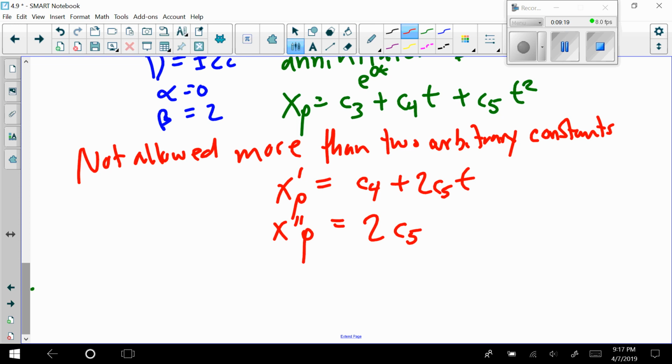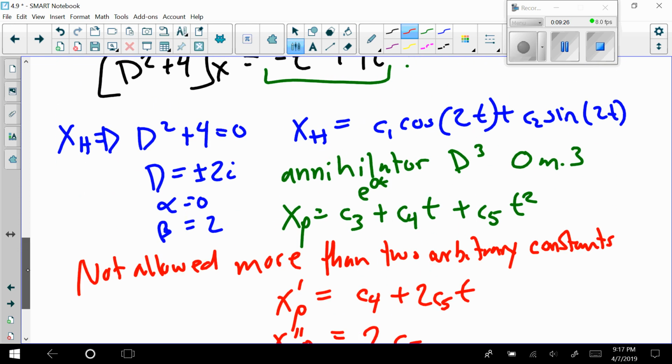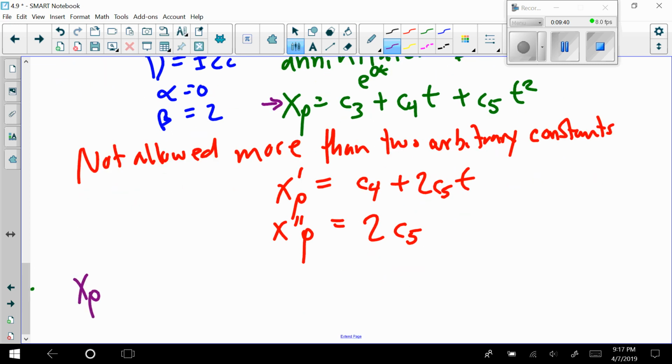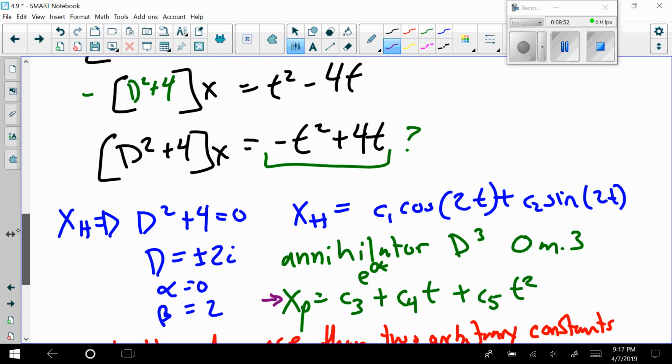These should be solutions to, and this is where you have to be so careful. You have to be so careful. This is what makes this section a little bit difficult. This x sub p, the particular, should be a solution. So maybe I'll even write this out. X of p should be a solution to, where was my auxiliary equation?